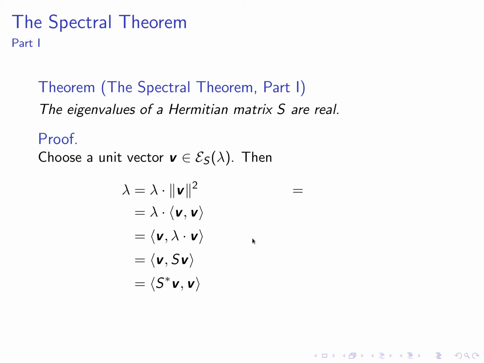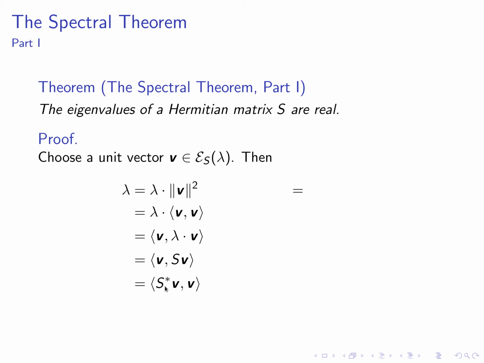And now one thing we've said about inner products is that if we have a matrix inside of an inner product on one side, we can always move it to the other side, but when we do, we have to conjugate transpose the matrix. So v inner product with S times v is the same thing as S star times v inner product with v.